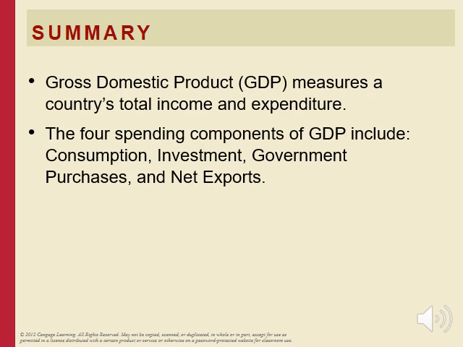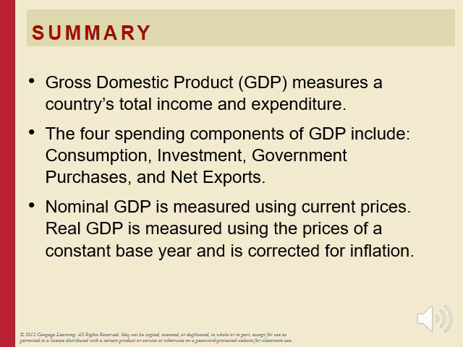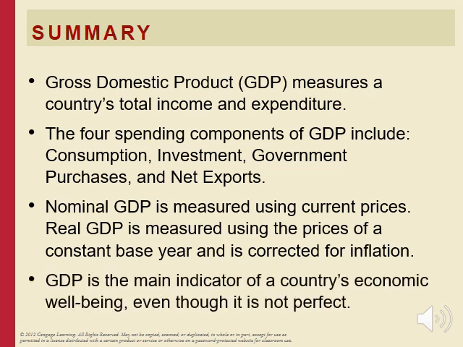Real GDP is measured using a fixed set of prices from a base year. Real GDP corrects for inflation. GDP is the main indicator of a country's economic performance, even though it's not a perfect measure of a country's well-being.